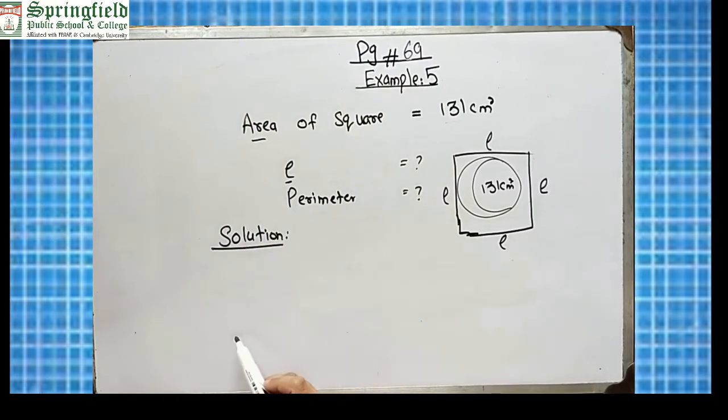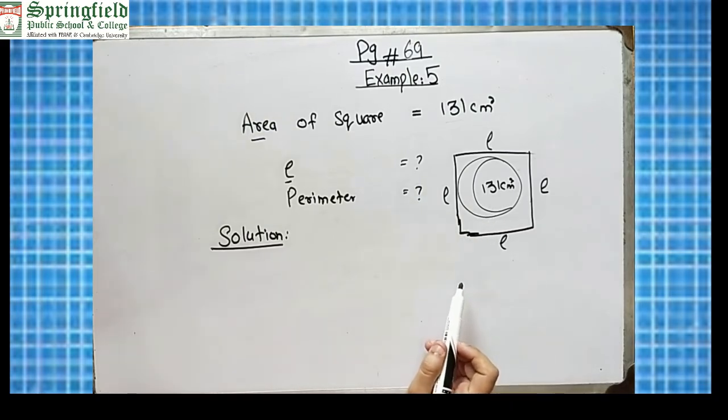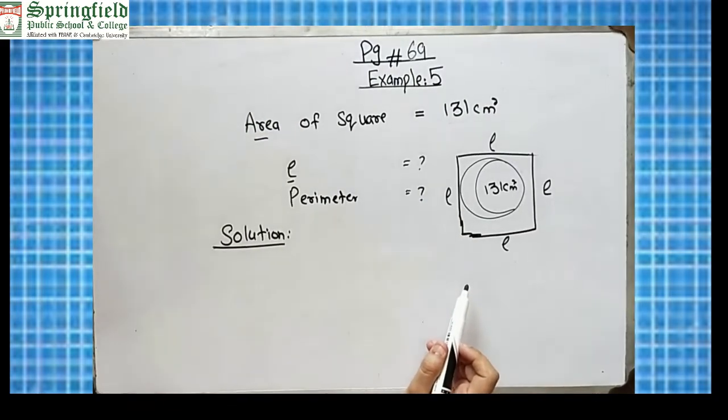Length, as the area of the square is given, and as we know the formula of area for a square shape, as we have already done in previous classes, grade 4, grade 5. Do you remember, beta?